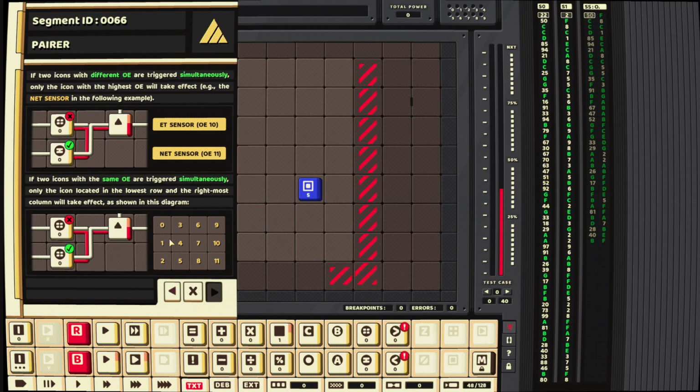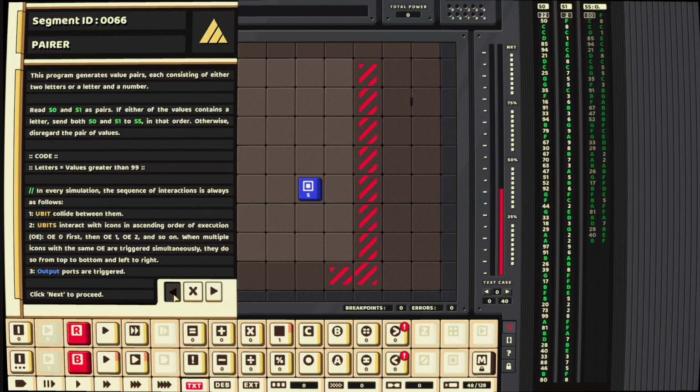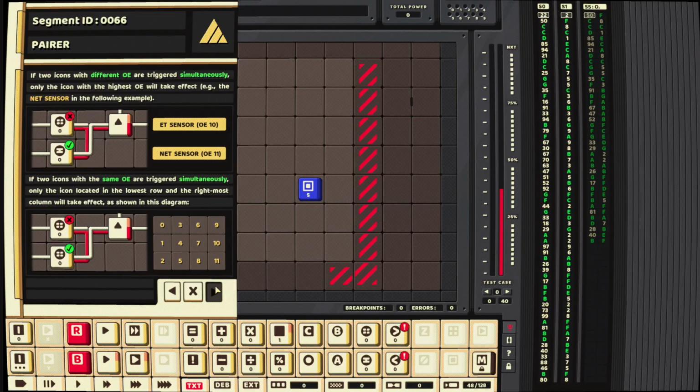Really is column major, huh? Okay. So the highest OE, i.e. the one that comes last, will actually take effect.